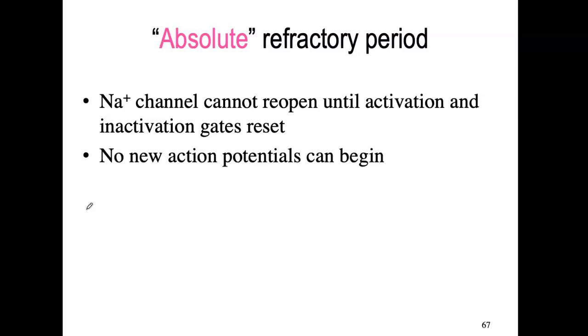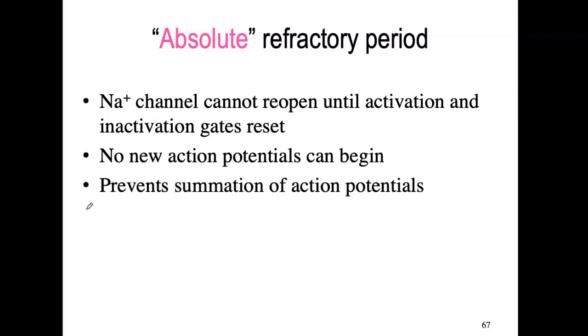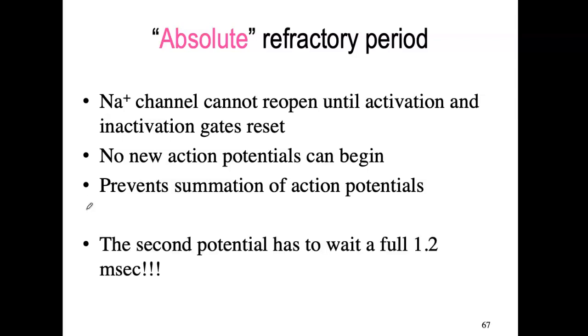No new action potential can begin, I'm telling you in the slide. And that's going to prevent the summation of action potentials so that you don't have one summating over the other on an axon. They're going to be sequential. The second potential has to wait how long before it can actually fire again?